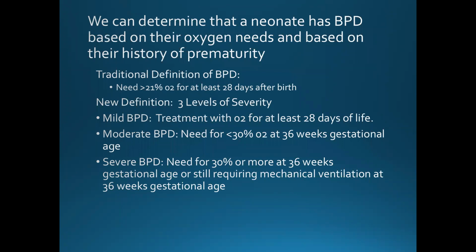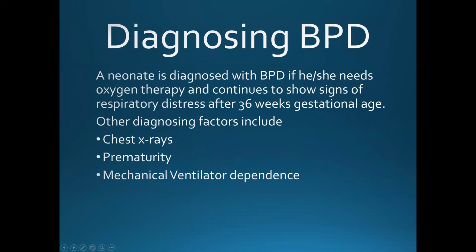So that's the definition. Do you have to know mild, moderate, and severe for your exam? And the answer is no. So on your exam, if the baby is requiring oxygen therapy at 36 weeks gestation, then they're considered to have BPD.